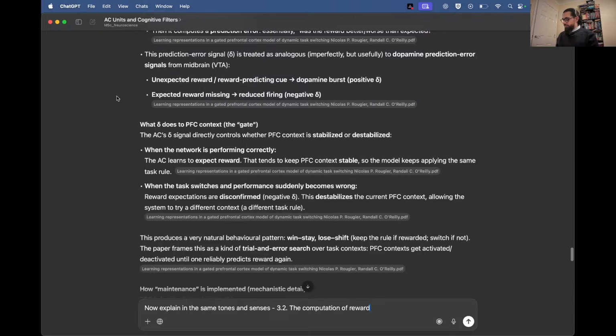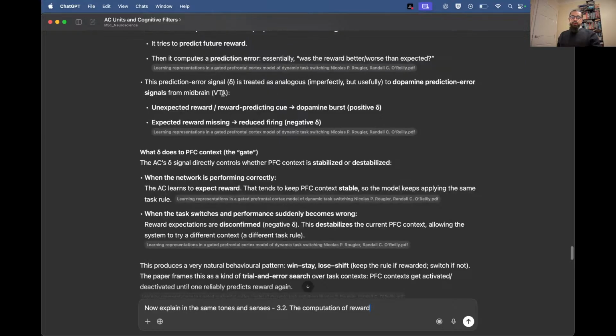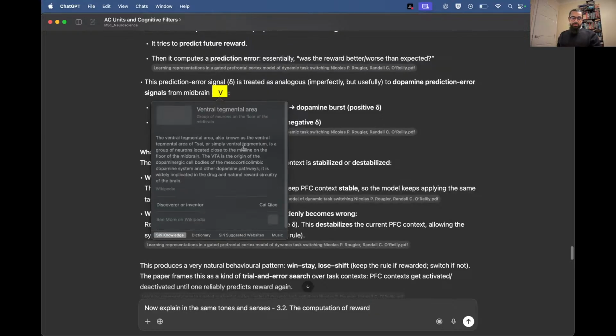Let's quickly read about the ventral tegmental area, known as the VTA. It's simply a group of neurons located close to the midline on the floor of the midbrain. The VTA is the origin of the dopaminergic cell bodies of the mesocortical limbic dopamine system and dopamine pathways.